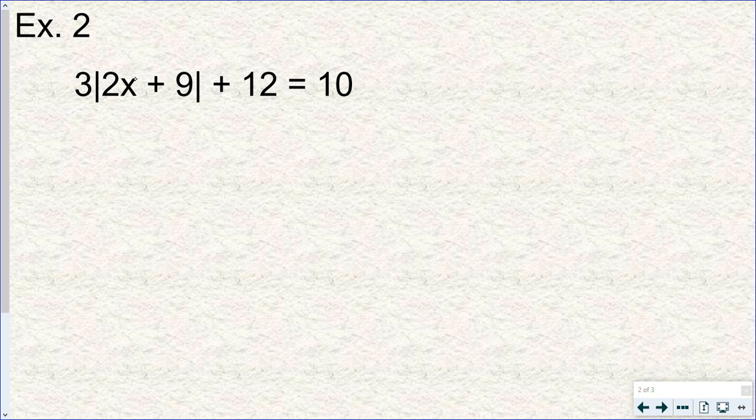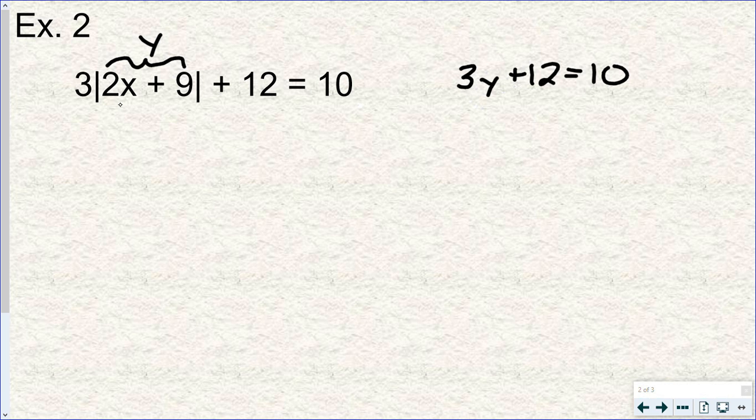In essence, you could just think of this as a variable. So for instance, you can think of this as 3y plus 12 equals 10. If I was solving this equation, I would subtract 12 from both sides and then divide by 3 to get the y by itself.